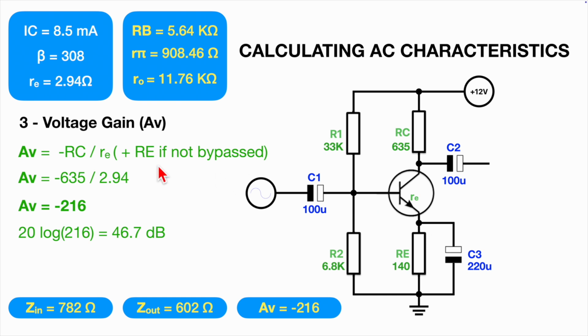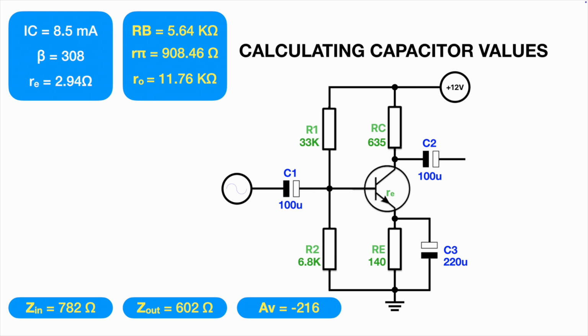So when you're doing this calculation, it would be minus RC over RE plus 39 if you did that. So anything that's not bypassed, you've got to fling into this equation, essentially. Or if you were designing it and you wanted a fixed amount of gain, so you don't have to settle for that, by that way, you can tweak it however much gain you want to see.